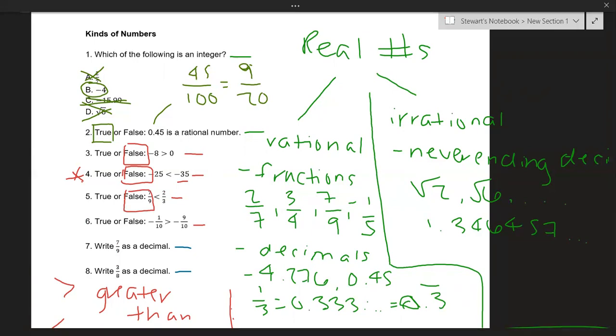Although the trick here is that these are both negatives, and we have to consider what we considered all the way back up in number 4 here, that the larger the magnitude of the negative number, the smaller it is. So this -9 in the numerator here is actually smaller than the -1, because it would come before. So -9/10 is indeed less than -1/10, or -1/10 is greater than -9/10. So this statement is true.